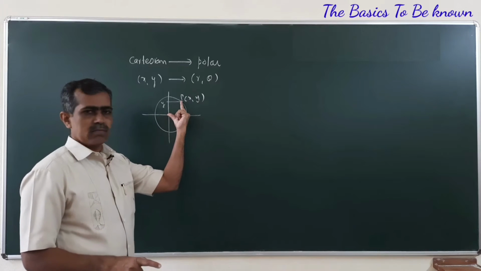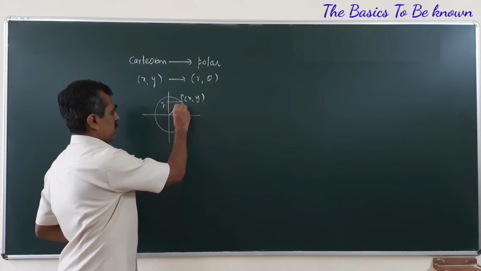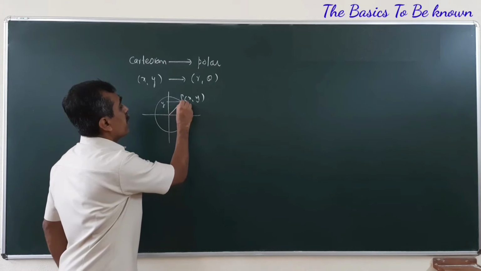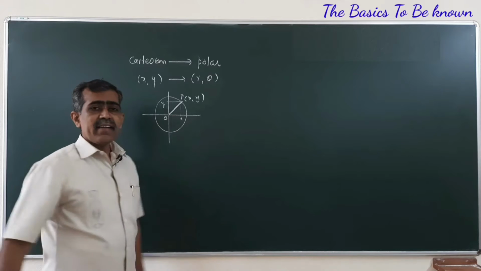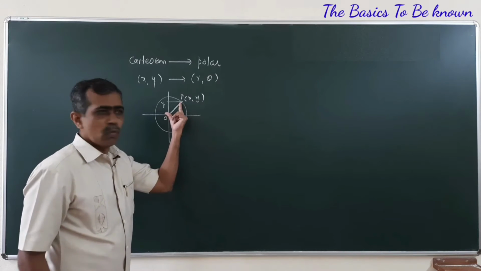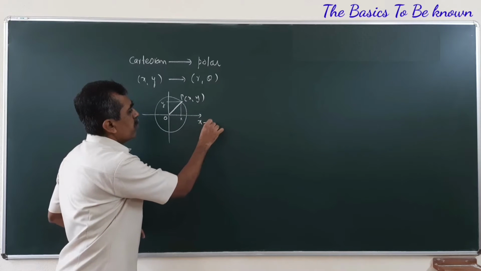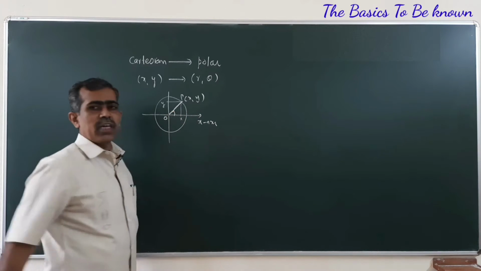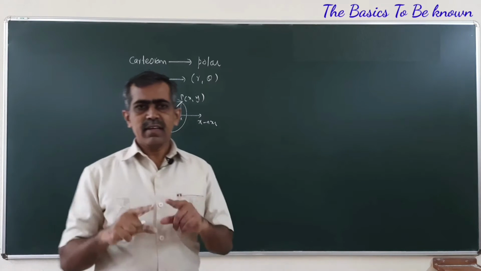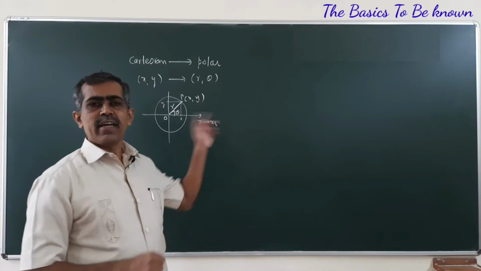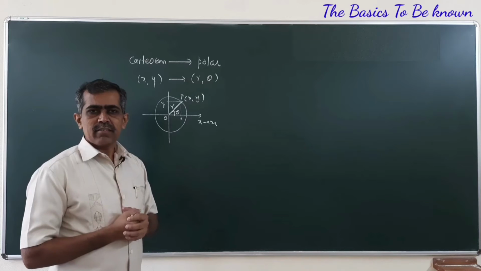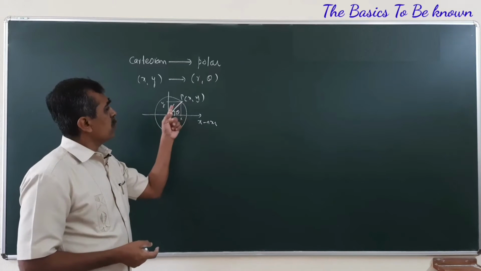It is the radius vector of point P, and theta is the angle made by the line segment directed from the origin to P with the positive direction of the x-axis. So the ordered pair r, theta is another identity of a point whose Cartesian coordinates are x, y.